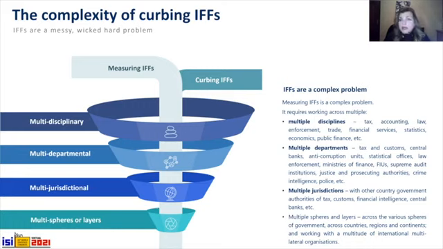To add to the complexity, because you're talking about inward and outward flows, you're also working across jurisdictions. So it's not just your own country, across the different spheres of government and across the multiplicity of institutions, but now you're working across borders, which adds to the layer of complexity. And then finally, you're working across different spheres with different multilateral institutions and organizations, across the different regions, countries.